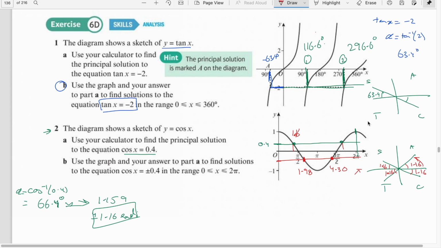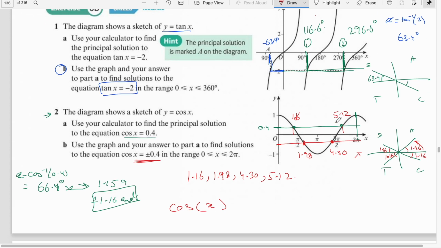I'm getting 5.12. So all four angles are 1.16 radians, 1.98 radians, 4.30 radians, and 5.12 radians. If we plug in these values in place of x, we will get either 0.4 or negative 0.4.